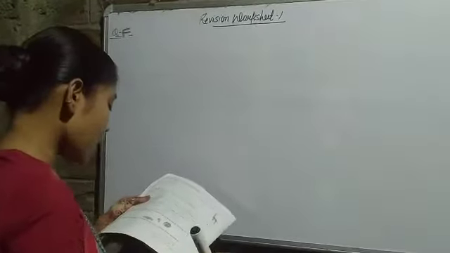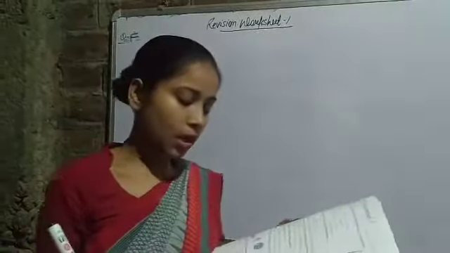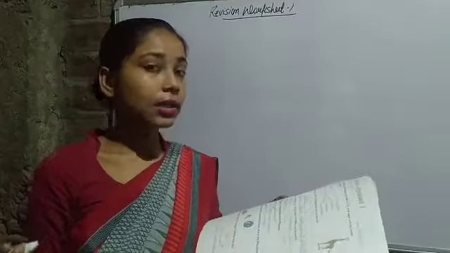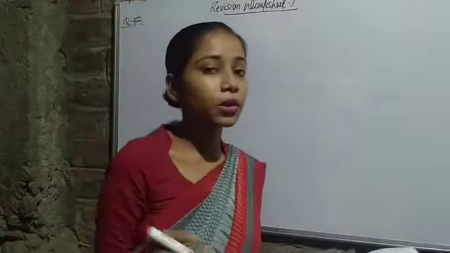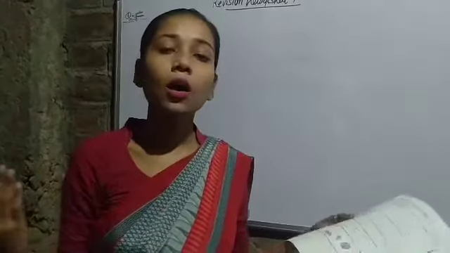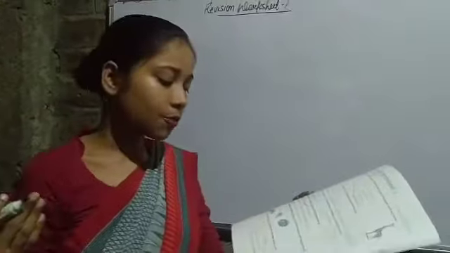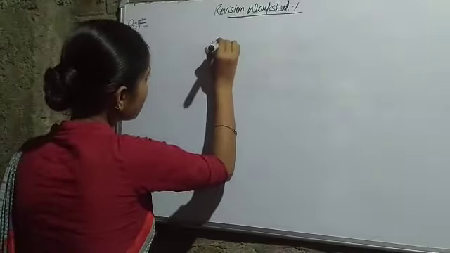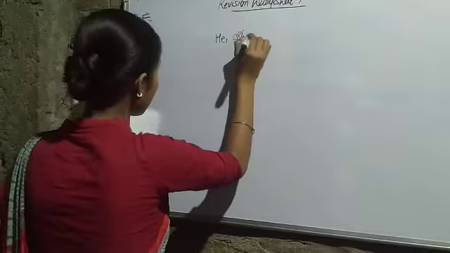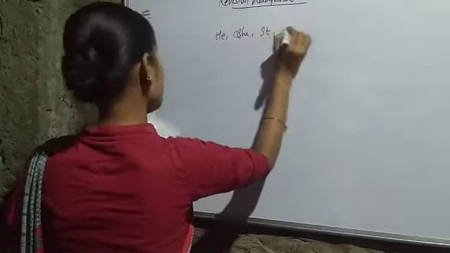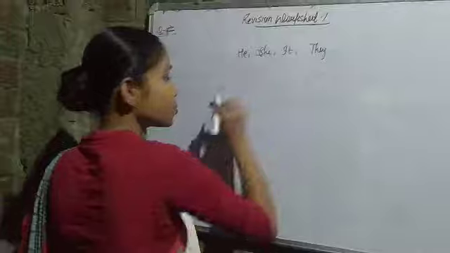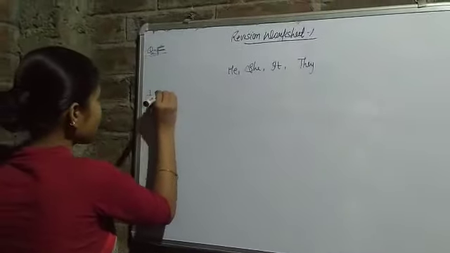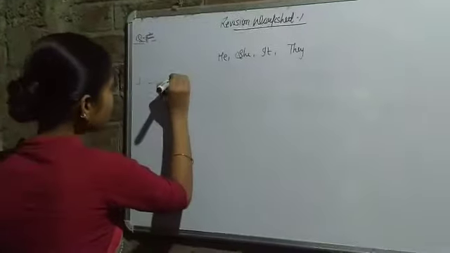In F, we have fill in the blanks choosing the correct pronouns from the help box. So this is the last exercise we have from the page number 28, and in this what we have just studied, taught about, is pronoun. In this we have pronoun. Here we have example: he, she, it and they. Now we have to use them. Here we have first sentence, and in this we have dash is my father.